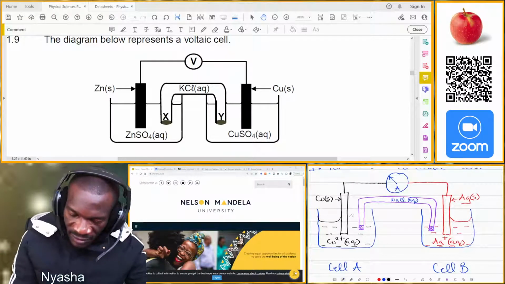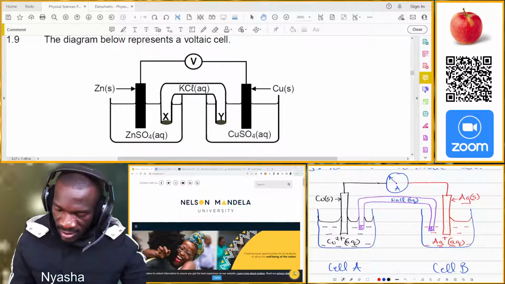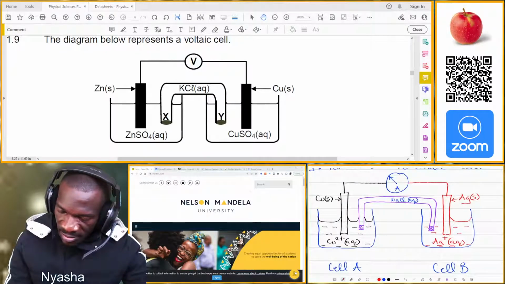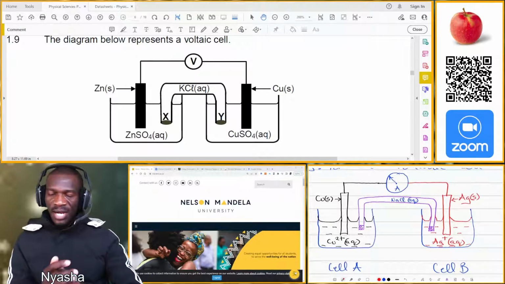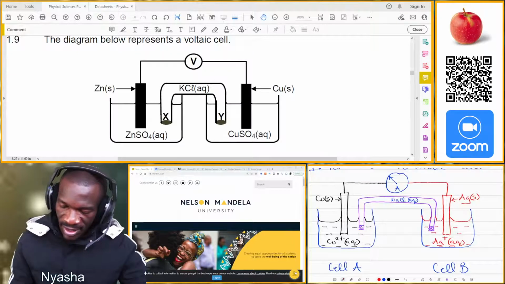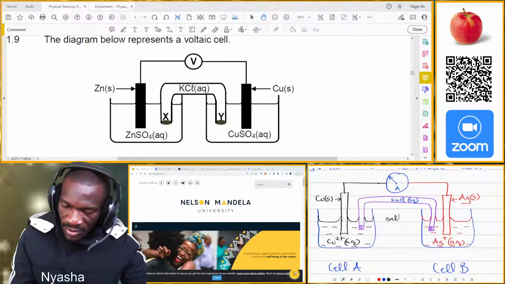So let's also finish up this diagram so that it looks as scientific as we need it to be. That's our meniscus, and on the right hand side the same must apply. There we are. So we are done. We've got our salt bridge. So let's just label that as the salt bridge.